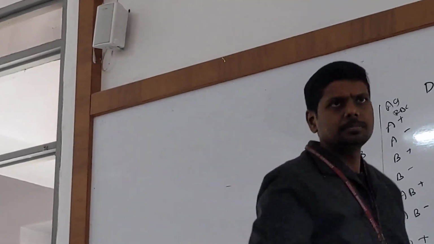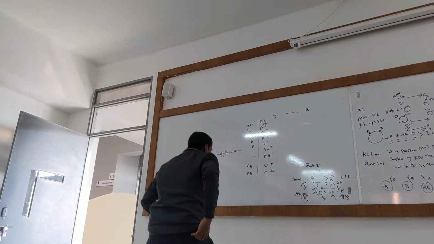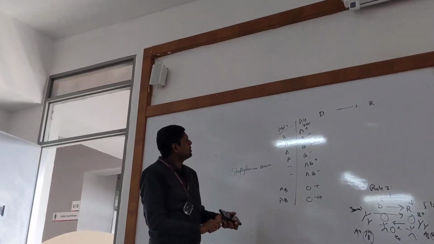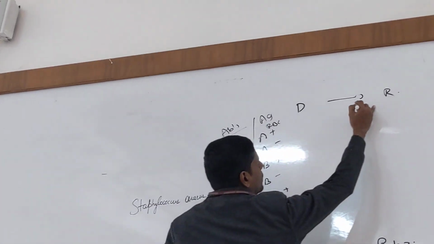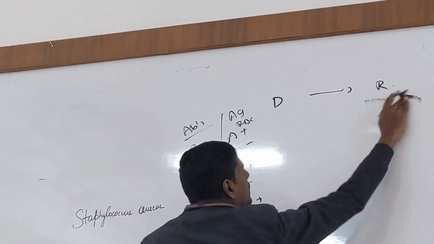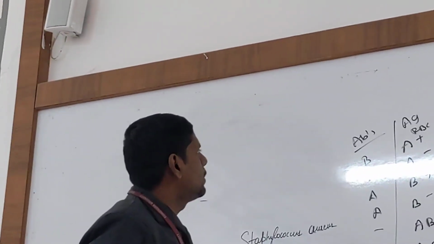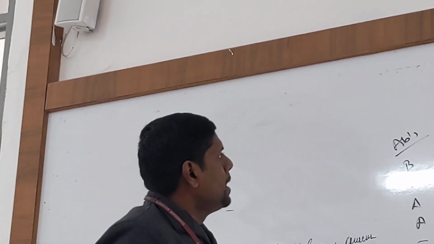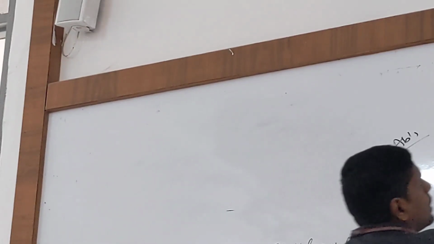Now we know the rules. Let me keep the cam here. Now let us see, a very interesting thing actually. See, this same thing I will write here also, for the recipient.